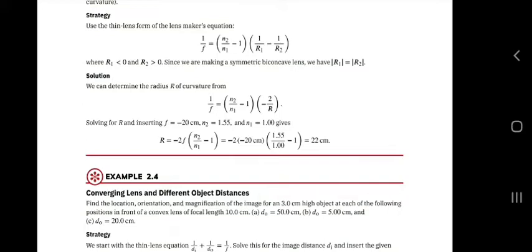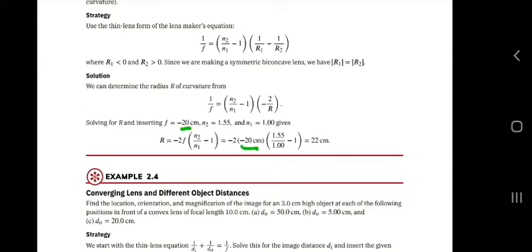So negative 2 focal length times the quantity of n2 over n1 minus 1, which equals negative 20 cm, since our focal length is negative 20 cm.